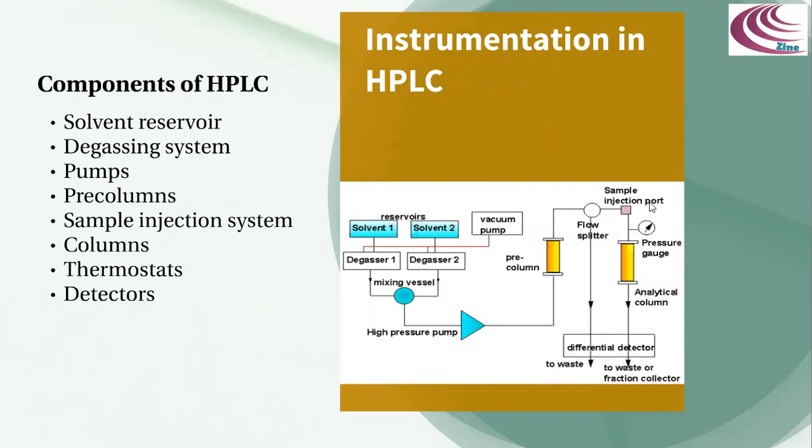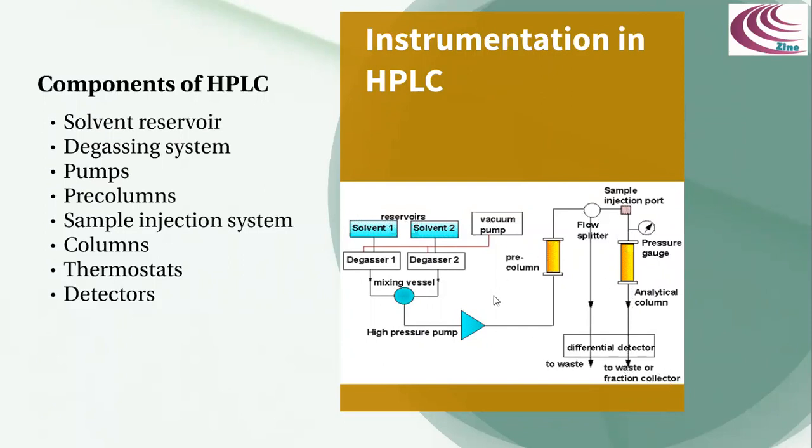Whatever sample or mixture we have to separate on the chromatographic column, that we will inject here on this chromatographic column. This is the analytical column, that is called the chromatographic column. Then it will go towards the detector, to waste or fraction collector.